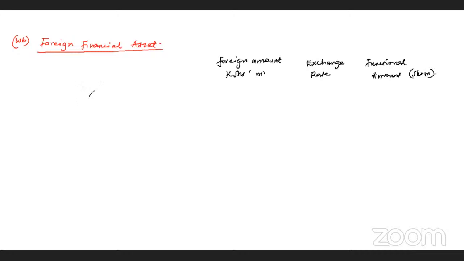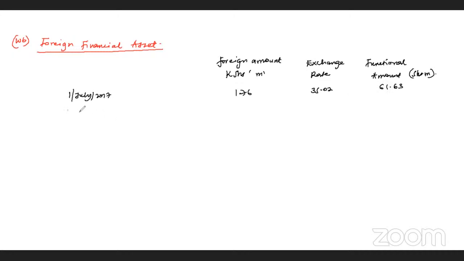Of course, we know that on 1st July, when the asset was acquired, its value was 1.76. Remember the figures are in millions. The exchange rate to use is 35.02. When I multiply this, we get 61.63.